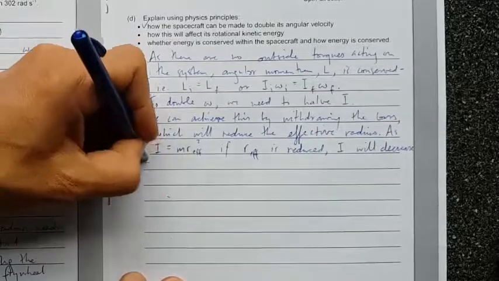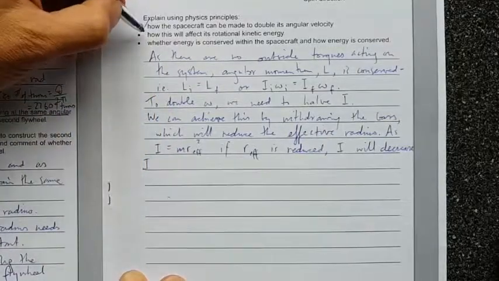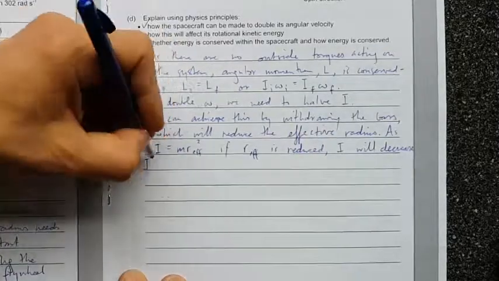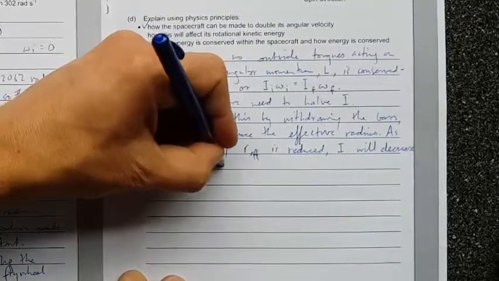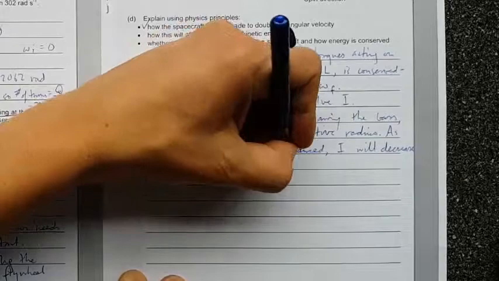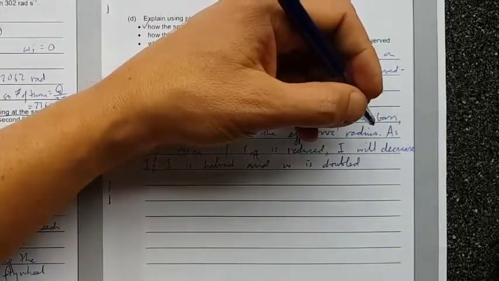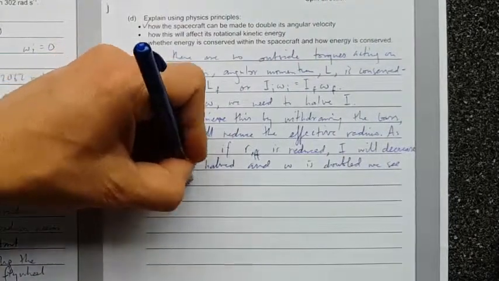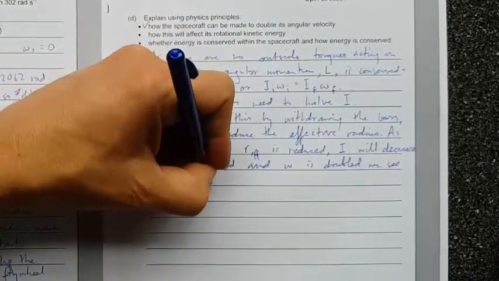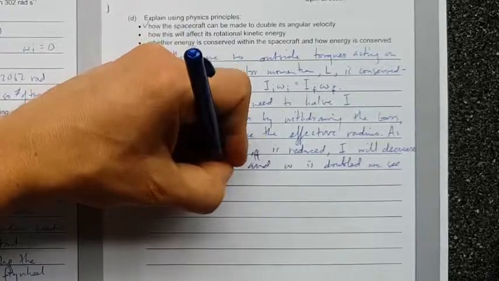So we then want to talk about how it will affect its rotational kinetic energy. So we can say if I is halved and omega is doubled, we see that EK rotational will double.